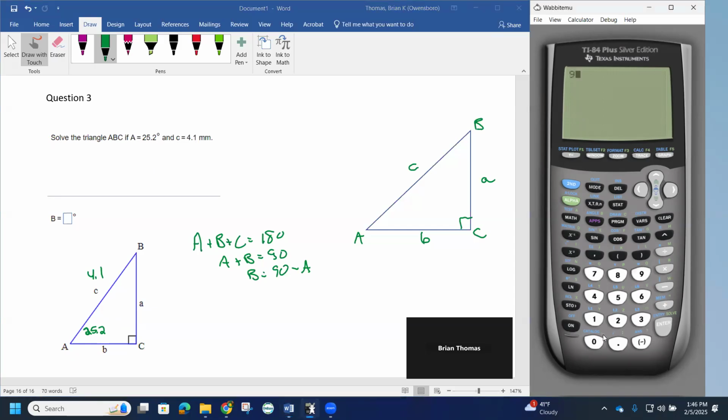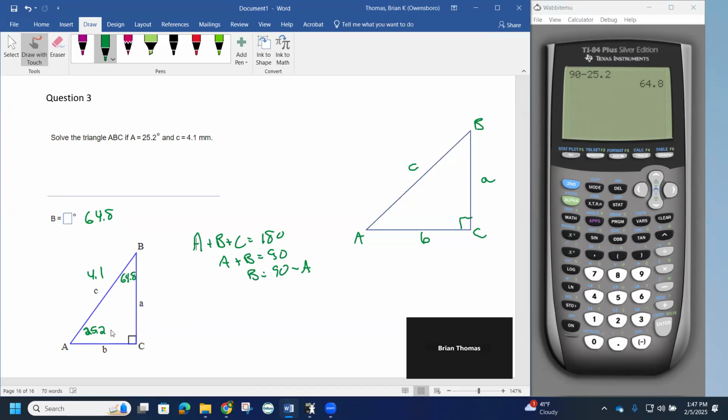So if I go 90 minus 25.2, that's going to give me 64.8. So angle B is going to be 64.8. So from there, we've found the three angles now.